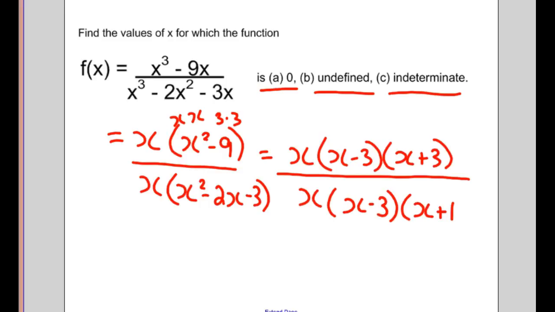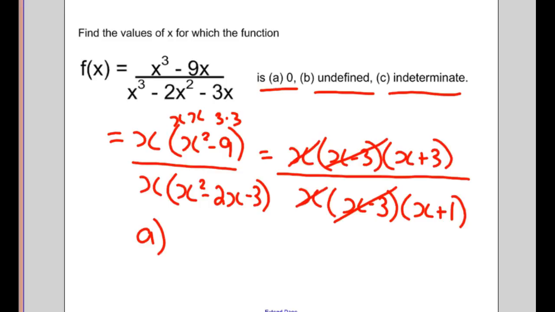Now that we have it all broken down, this is where we figure out what we can cross off and what we're left with. We can cross an x minus 3 off in the top and in the bottom. Our first question was, what makes our top 0? What are our zeros for our top? Oh, sorry, I should have crossed the x's off also.